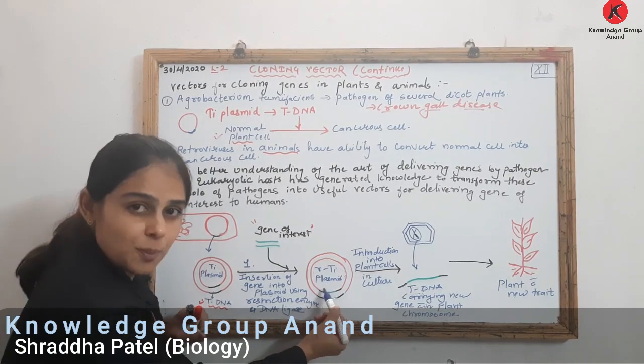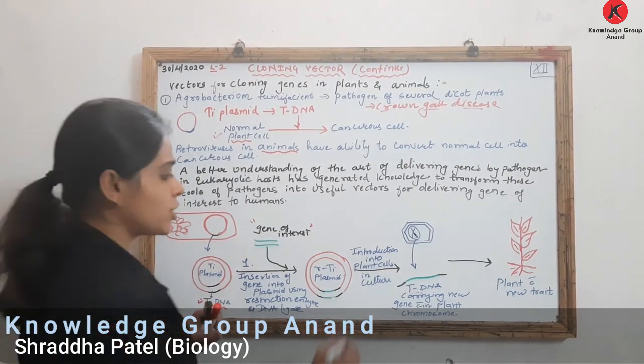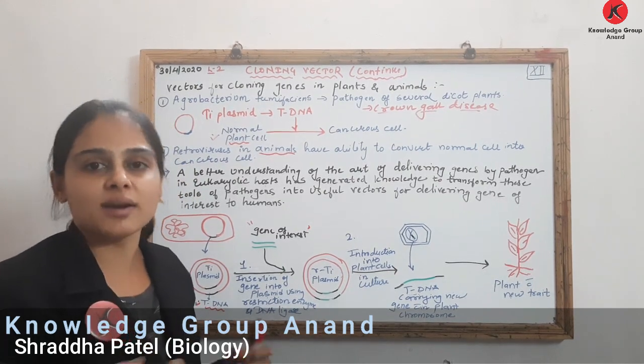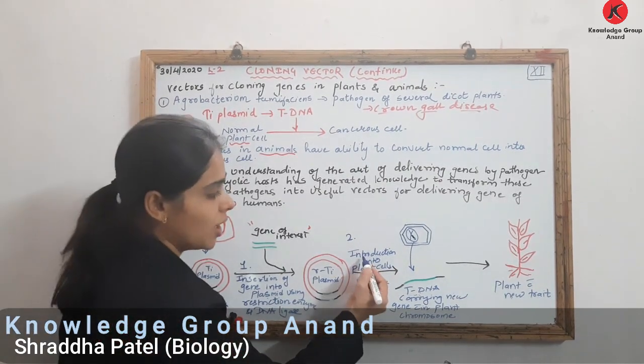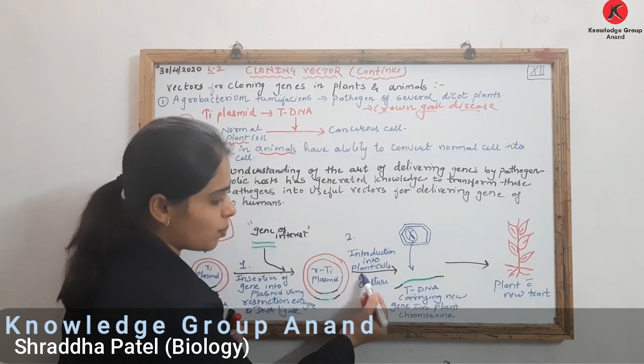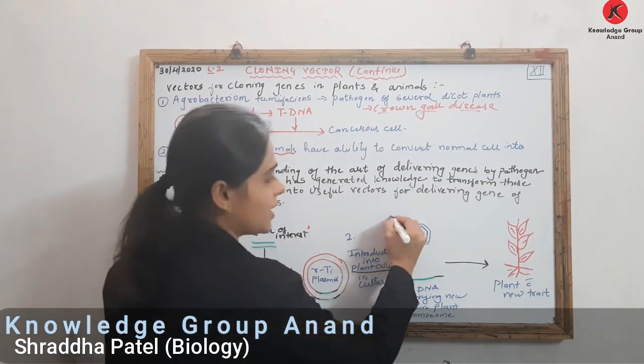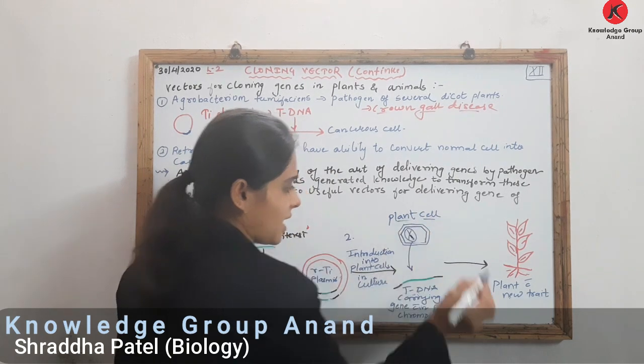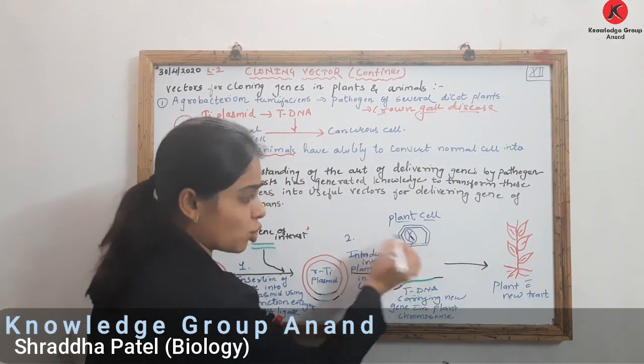Now this recombinant Ti plasmid we are going to introduce, step number 2, in a plant culture. Simple as that. So, introduction into plant cells in culture. This is your plant cell, and suppose this is the chromosome.